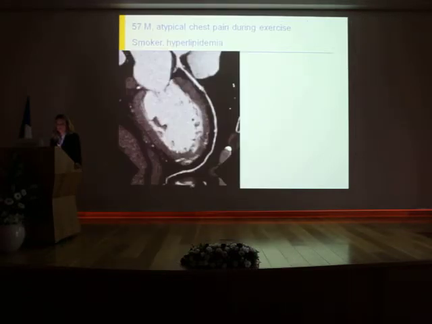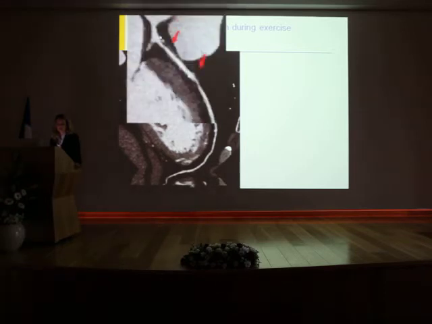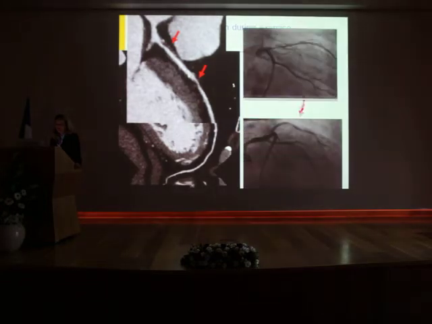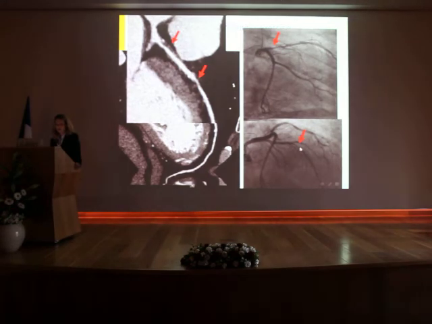Another patient, same data, you can see here at the LAD origin, positive remodeling plaque causing non-significant stenosis, and another one which caused significant stenosis at the middle LAD. Here are the pictures from the catheterization, middle LAD and proximal LAD.